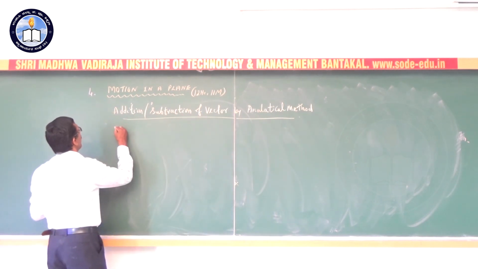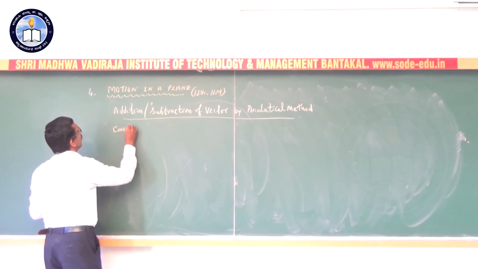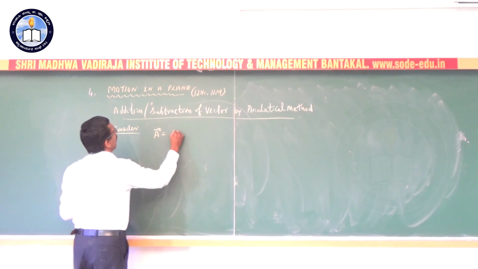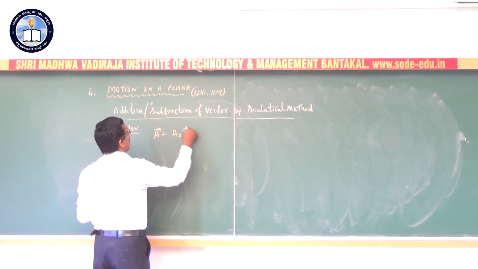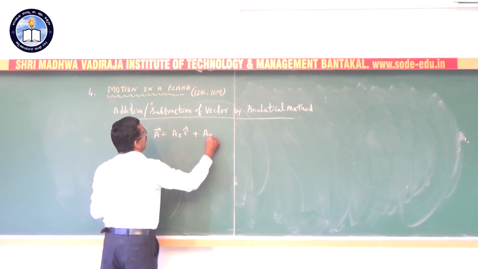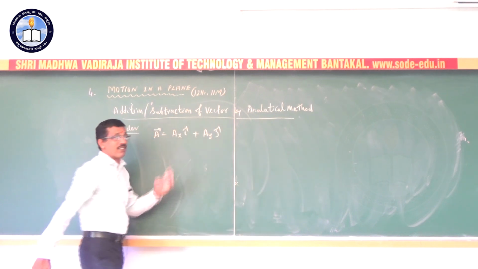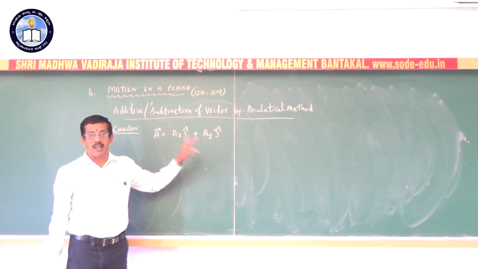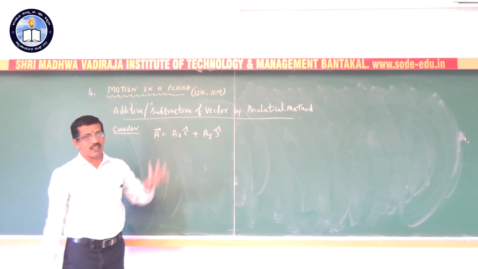Consider vector A as ax into i cap plus ay into j cap. This is a 2-dimensional vector because there are only 2 components, along the x axis and along the y axis.